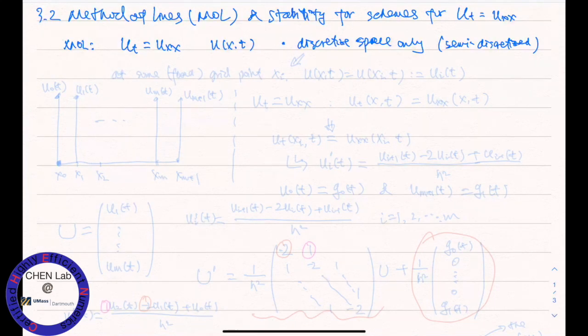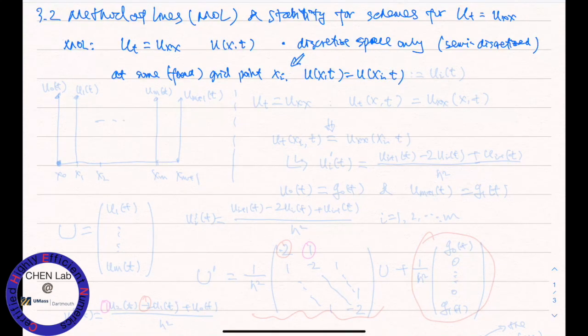So if you discretize space only, then at some fixed grid point x_i, what is our function u? u(x,t) becomes u(x_i,t), and x_i is fixed.